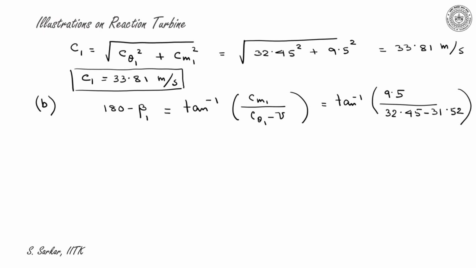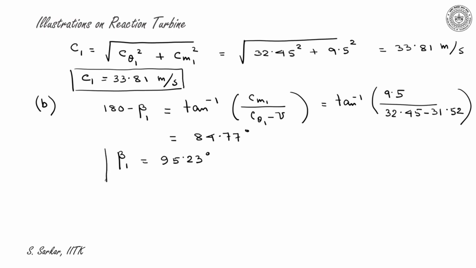Now let me go to the third part, C, where H1 equal to head at inlet is P1 by rho G, static head, plus dynamic head C1 square by 2G, plus jet elevation.